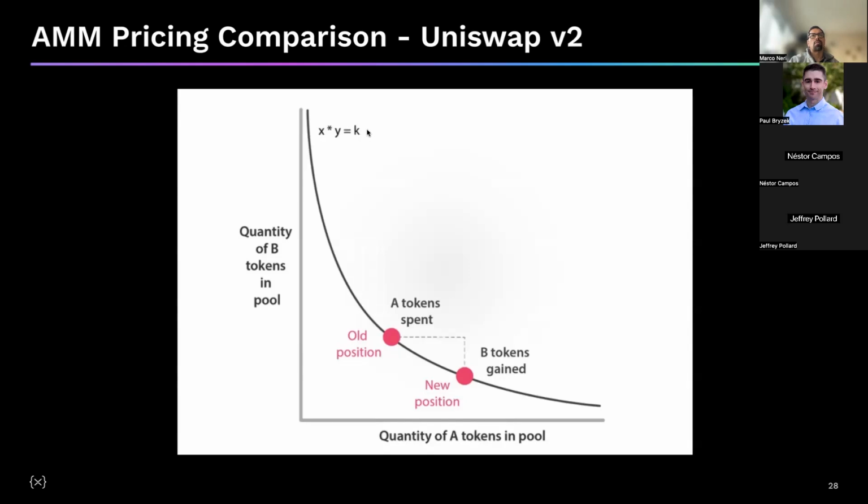The idea is that there will be a constant when you multiply the amount of token X and the amount of token Y, and if there's less of one, the other will move because this product will remain constant. This is determined by the initial allocation of X and Y, and that's how, by maintaining this multiplication constant, you'll be able to obtain the result of the price moving along the curve.